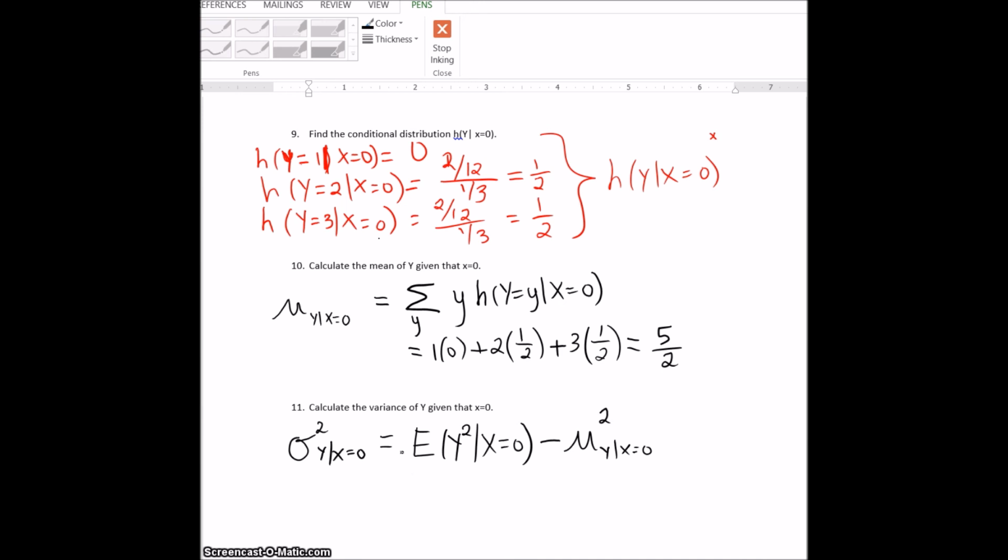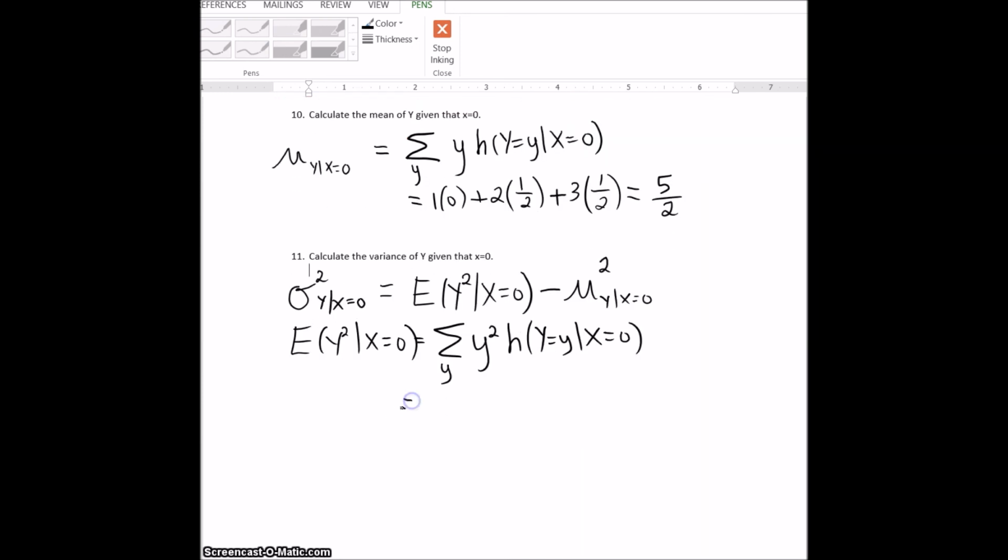So to calculate the expected value of y squared given that x is equal to 0, I'm going to add up for all the values of y, y squared times the conditional probability that y takes on that value given that x is equal to 0. So here this is going to be 1 squared times the probability that y equals 1 given that x is 0, which is 0.